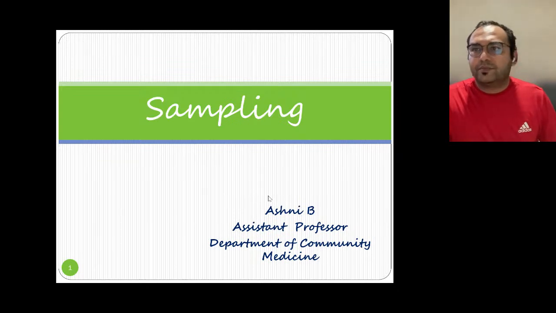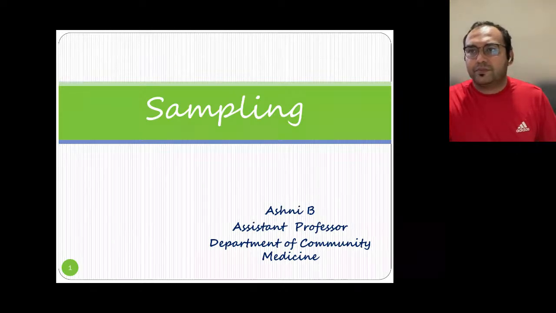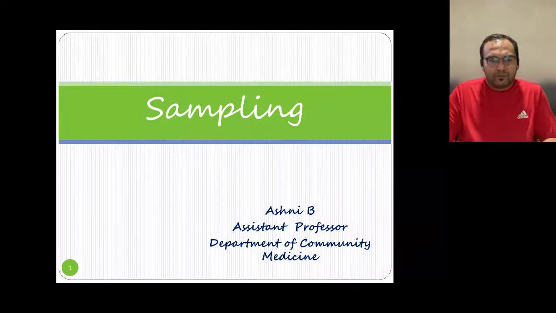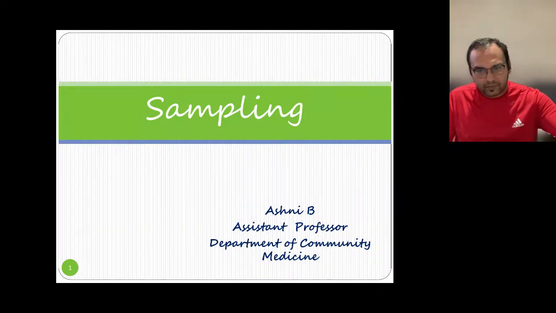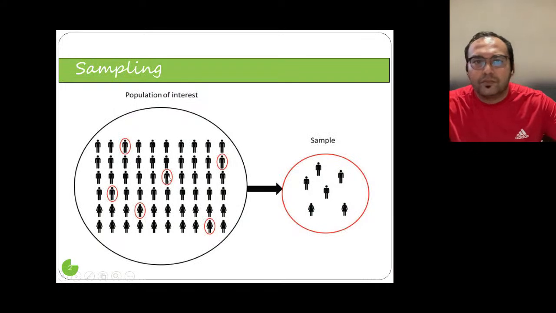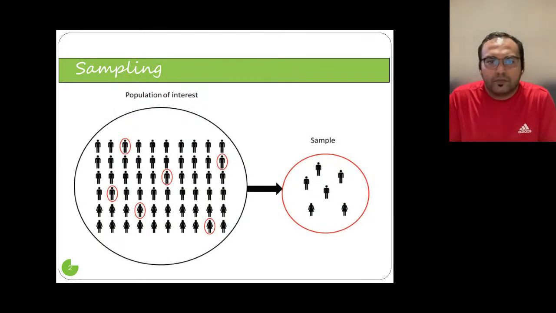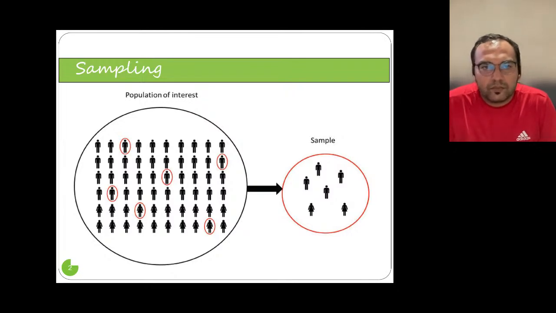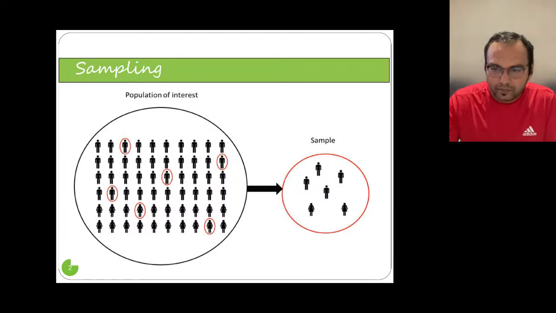Okay, so today's topic of discussion is sampling. So to start with, let us start with what is. When we start a research project or a study, the very first thing we do is set the aims and objectives for the study.